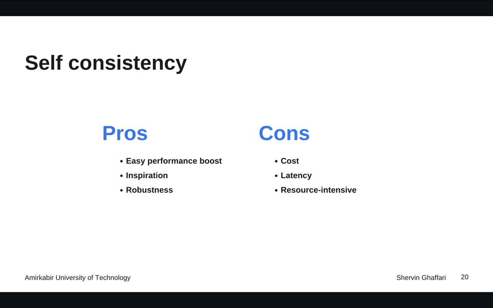It improves robustness. It's more reliable, since it thinks in different manners using the given chain of thought and instructions, and by generating multiple responses, you might be more confident about the final answer.